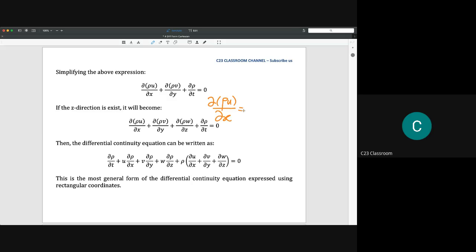We could write it is equal to rho del u over del x plus u del rho over del x. Okay, so this is the idea about this one. If you do this, you could write it like this. So this is the differential continuity equation that you need to understand.